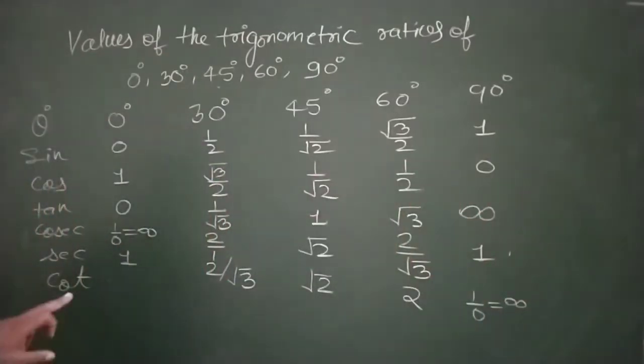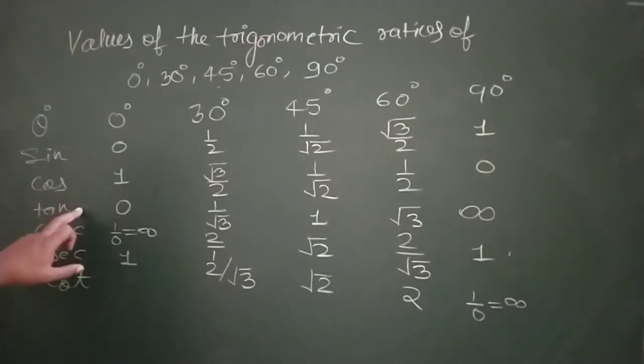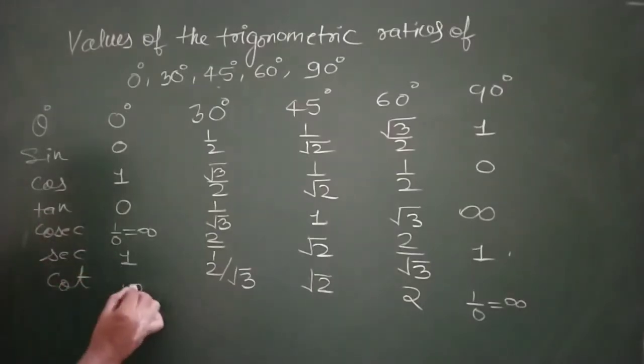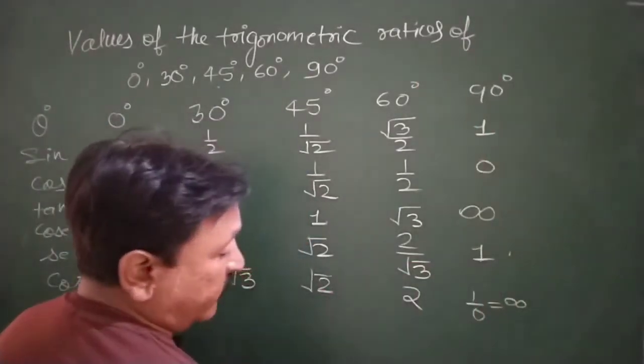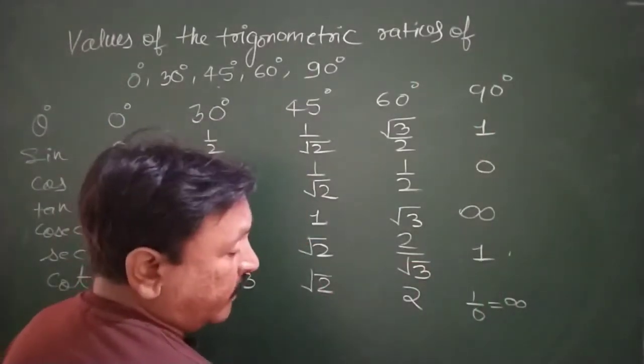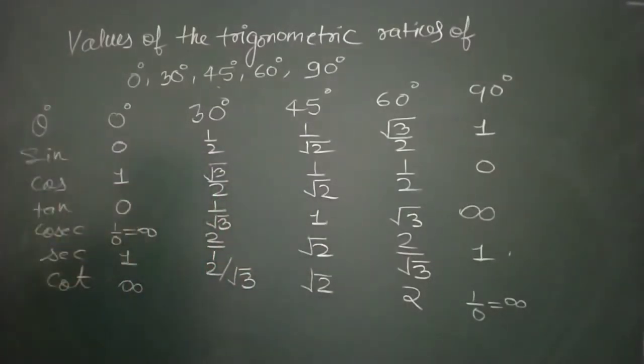Okay. Cot, its values we can get by the reciprocal of tan. Reciprocal of 0, I just told you, will be undefined, since 0 upon 1 gives 1 upon 0, so undefined.